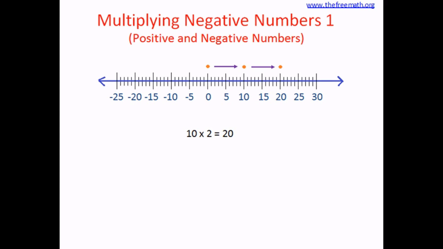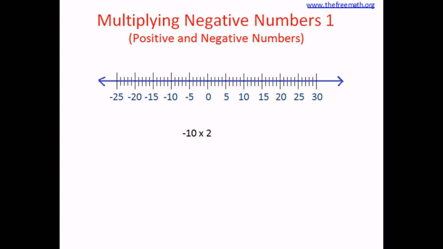So positive 10 means you face right and go 10 steps, and you do that 2 times. When you do it one time, you reach 10, and when you do it one more time, that is the second time, you reach 20. Therefore, 10 multiplied by 2 equals 20.